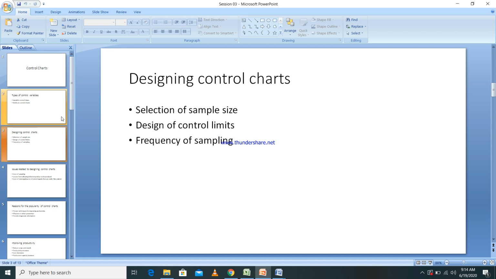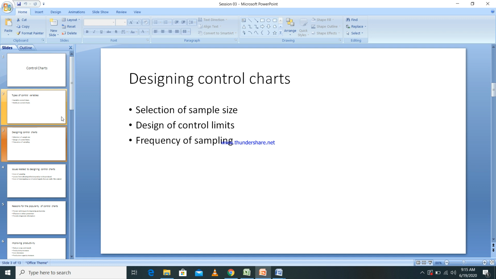And then the design of control limits. When it comes to the design of control limits also, there are so many variations, so you have to decide how we are going to design the control limits. And then the frequency of sampling. That is, if you are going to take samples from your lot, what is the frequency?